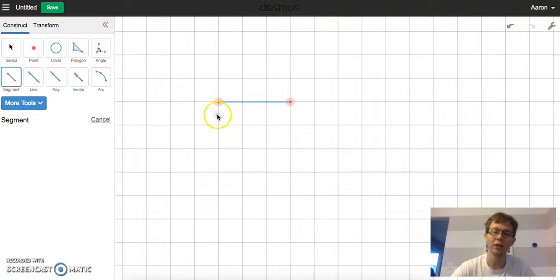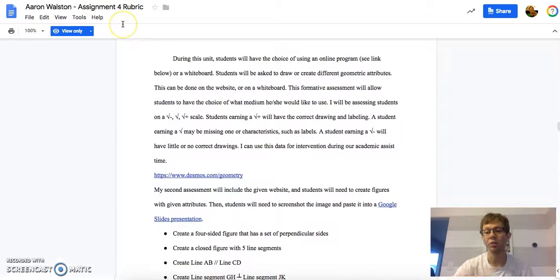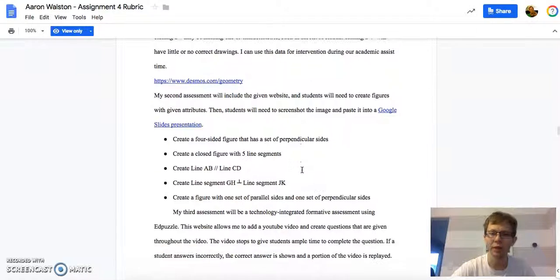They could draw a line on here or on their whiteboard, and they had to label it too. I'd give them a check minus, a check, or a check plus. Check plus meant they got it completely correct, check meant some sort of issue here and there, and check minus meant they could not remember what to do, so I graded them based on that.